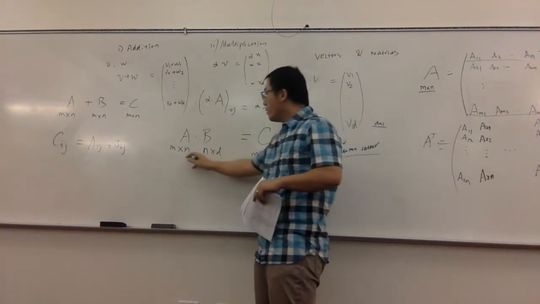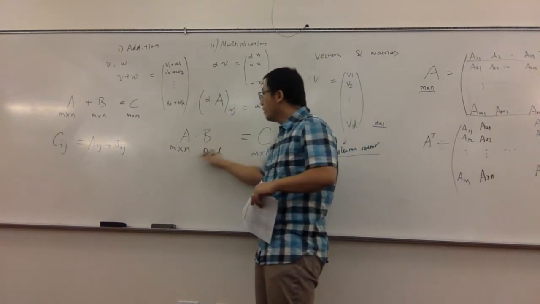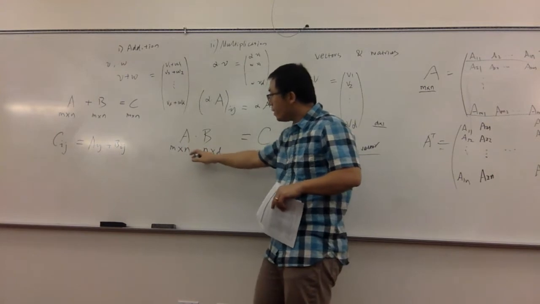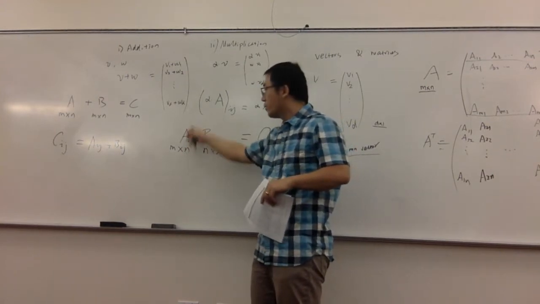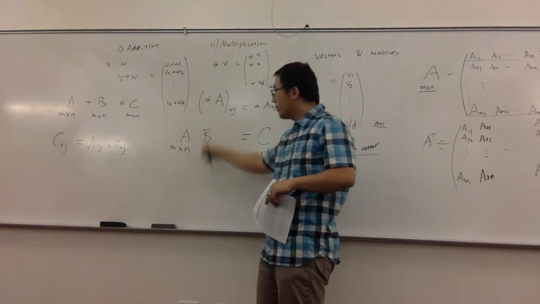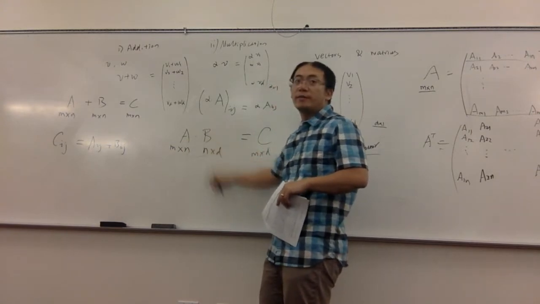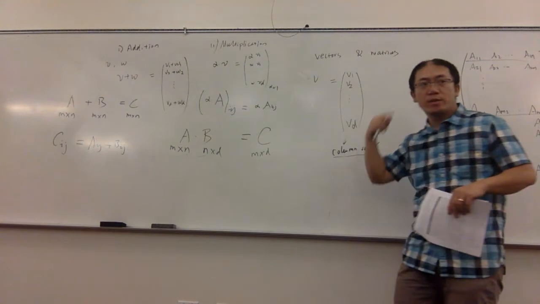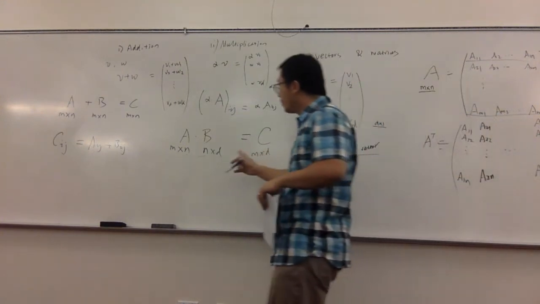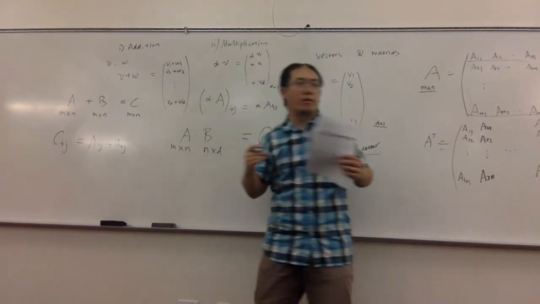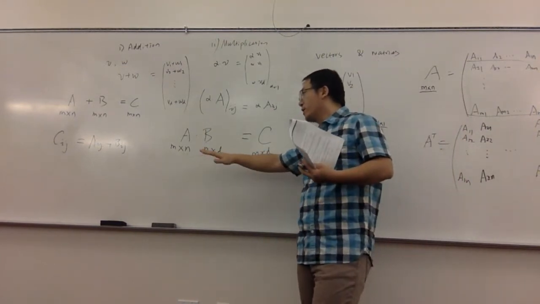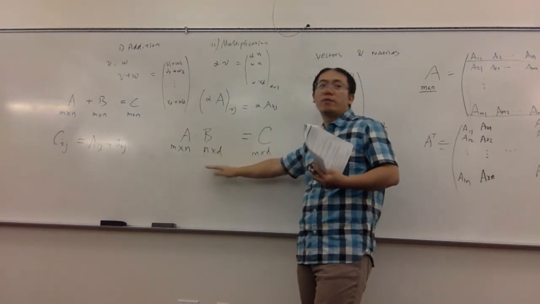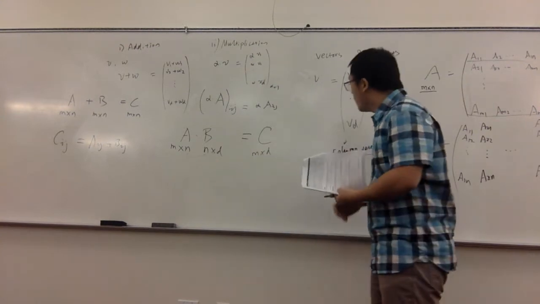So you remove the effect of the number in the middle, which corresponds to the number of columns in the first matrix and the number of rows in the second matrix. This is a basic rule. Every time we talk about matrix multiplication, this must immediately come into our mind. It's very, very basic.